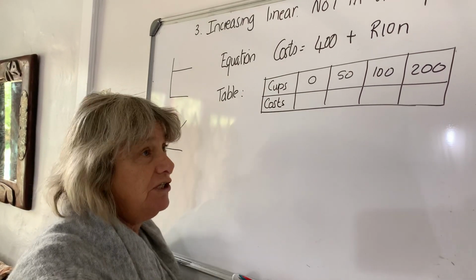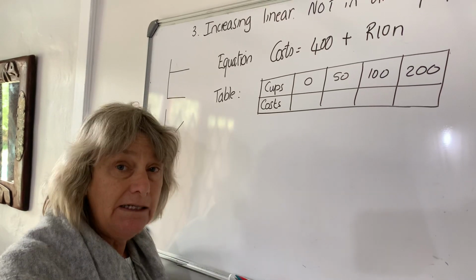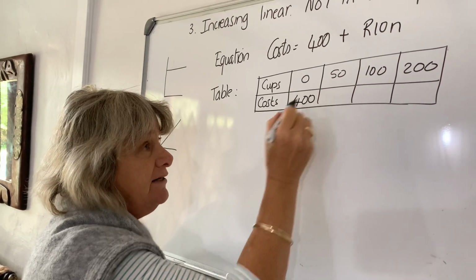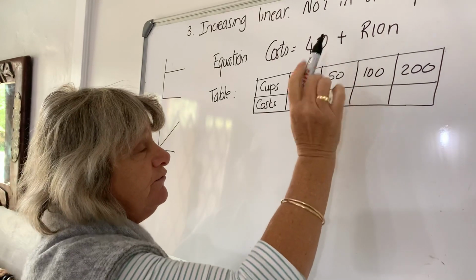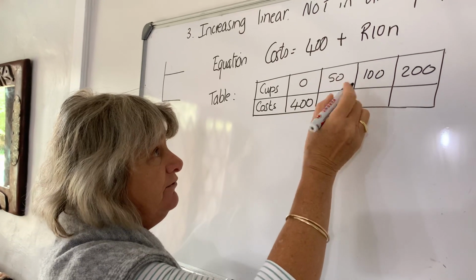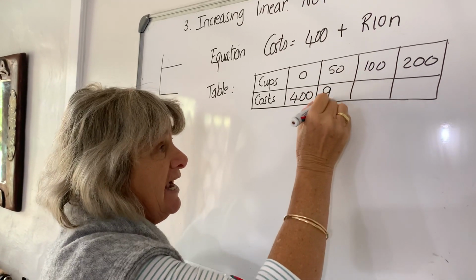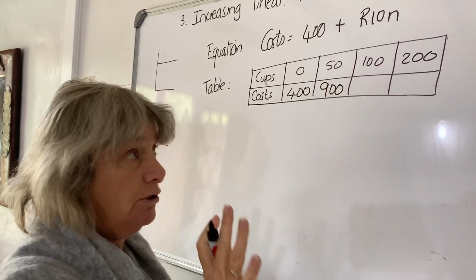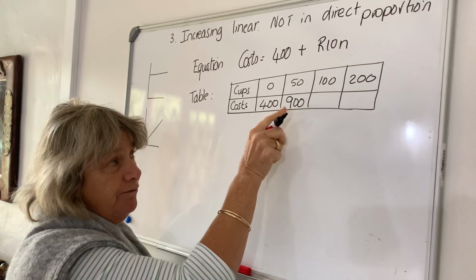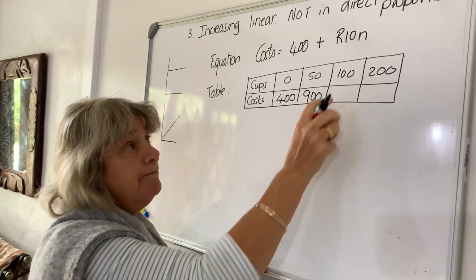Now, even if she goes to these venues and doesn't sell any coffee, she is going to have the cost of 400 Rand. If she sells 50 cups of coffee, 50 times 10 is 500 plus 400 is 900. So if over the month she sold 50 cups, her cost would be 900 Rand. Notice how the 400 Rand is included there.